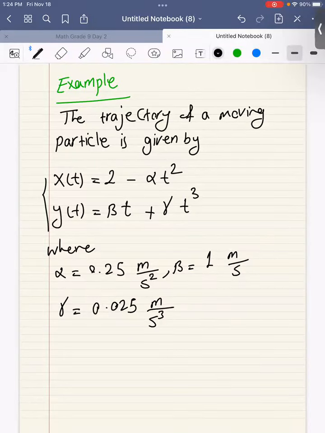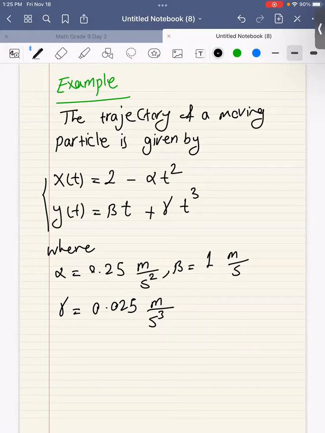So I could write x of t is 2 minus 0.25 times t squared, or y of t is equal to t plus 0.025 t cubed.